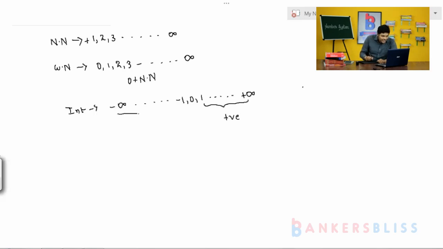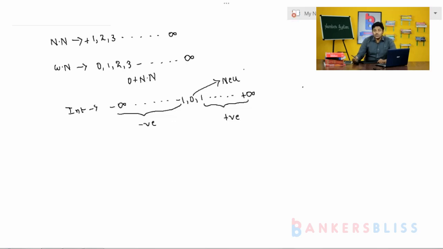Minus infinity to minus 1 is called negative numbers. Then what do you mean by 0? 0 is a neutral number.